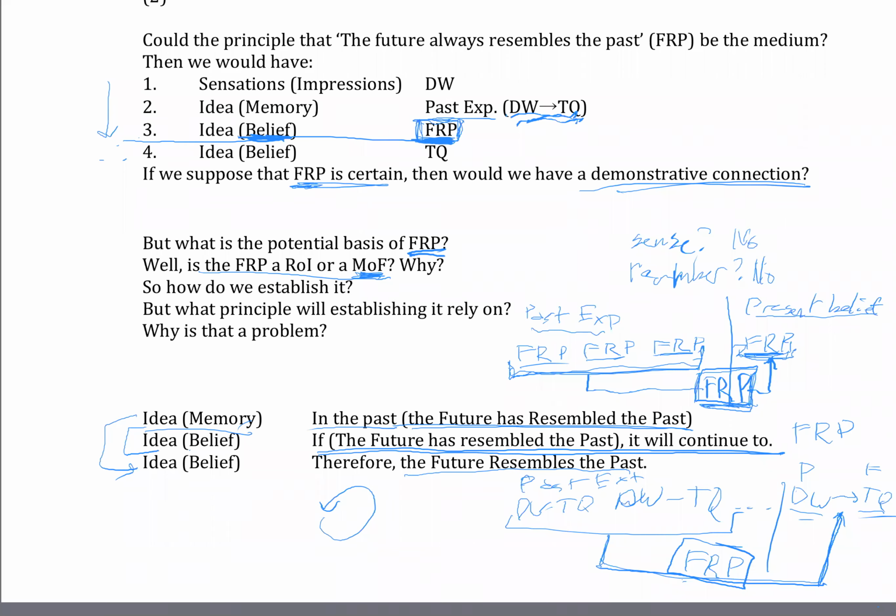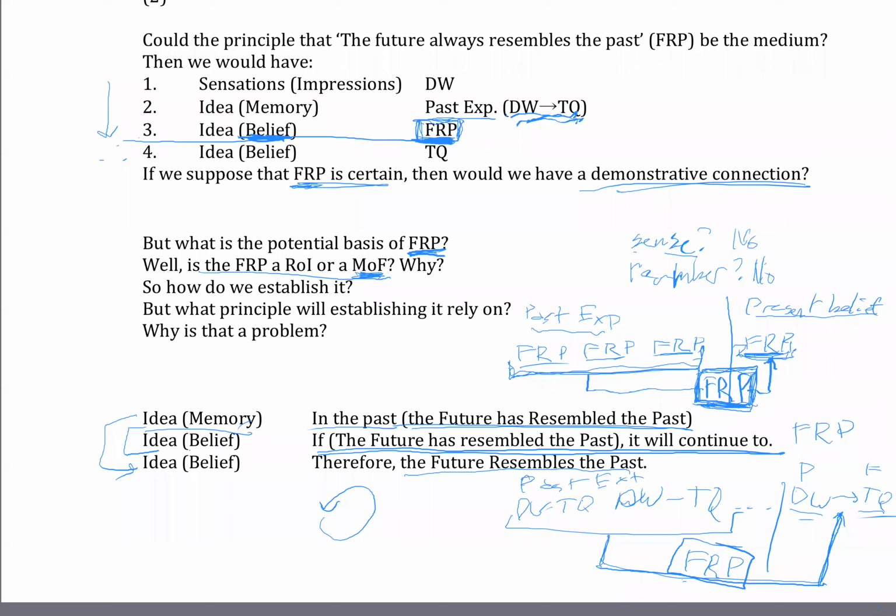And so we can't get a demonstrative connection between cause and effect this way, through a bit of probable reasoning based on the future resembles the past, because that would presuppose the future resembles the past in the very proof of it. And so we can't establish the future resembles the past as intuitive or as demonstrative. Why? Well, because it's a truth about the world. We can't sense it, right?